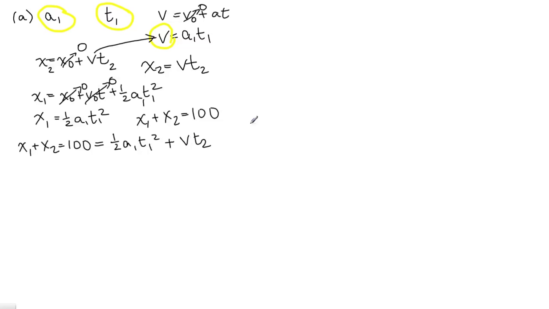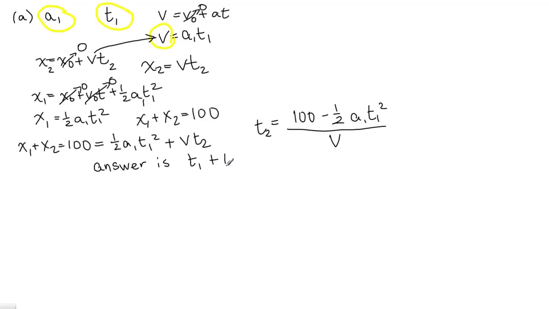That means t2 can be calculated as 100 minus 1/2 a1 t1 squared, divided by v. And remember, we calculated v from just a1 times t1. Now remember that the answer to A is t1 plus t2. Okay? Now on to B.